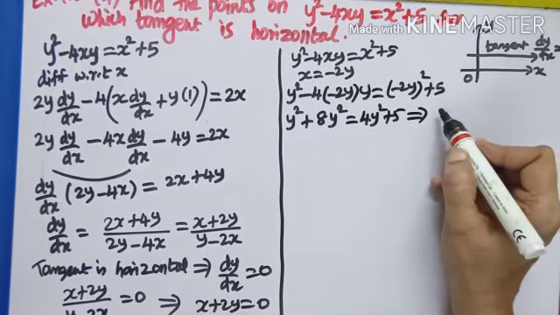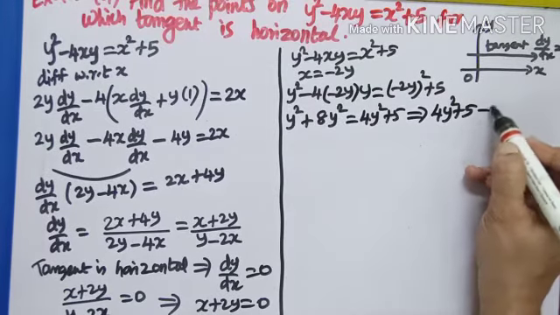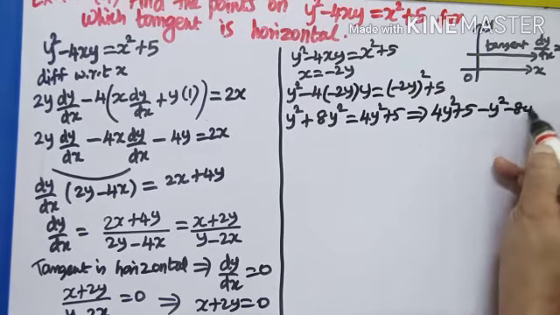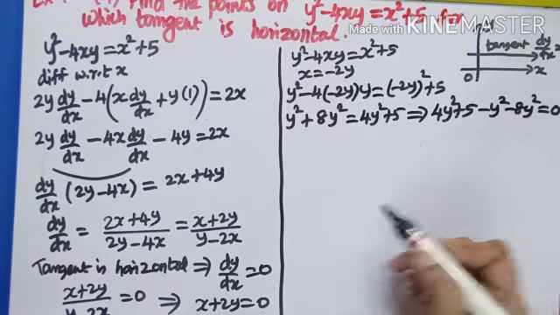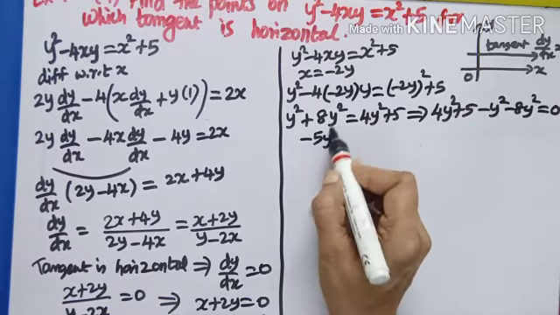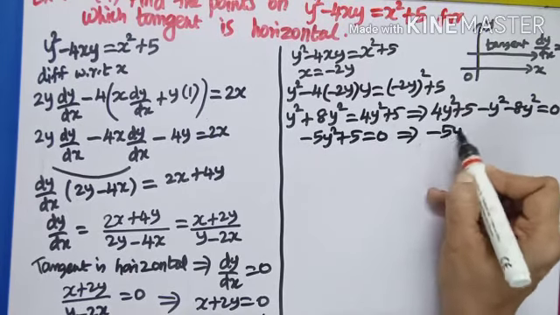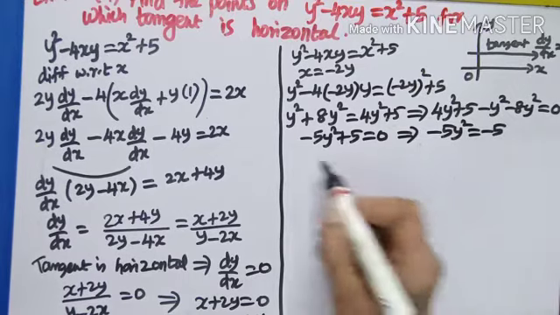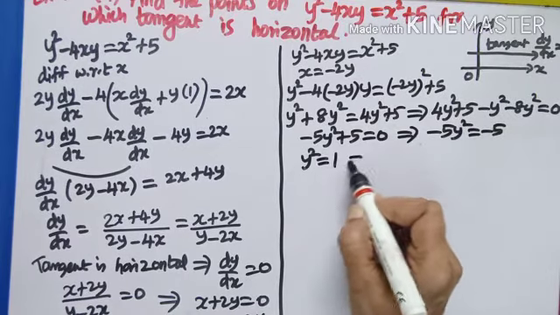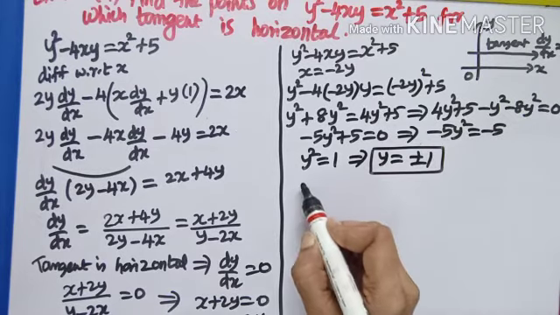Bringing all the terms to the same side, 4y square plus 5 minus y square minus 8y square equal to 0, or I get minus 5y square plus 5 equal to 0, or minus 5y square equals minus 5, y square equals 1, so I get y equal to plus or minus 1.